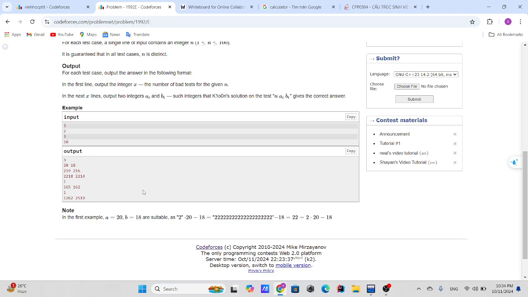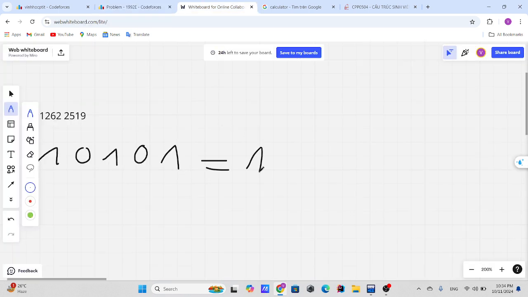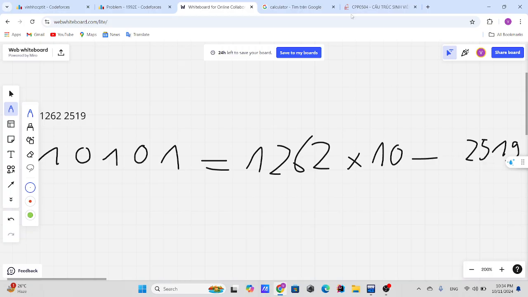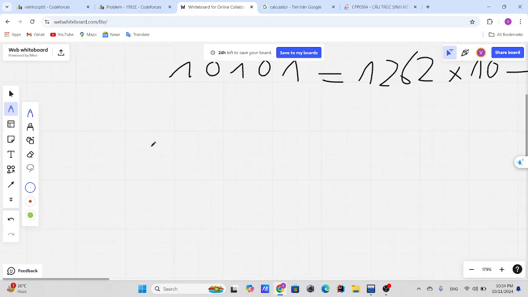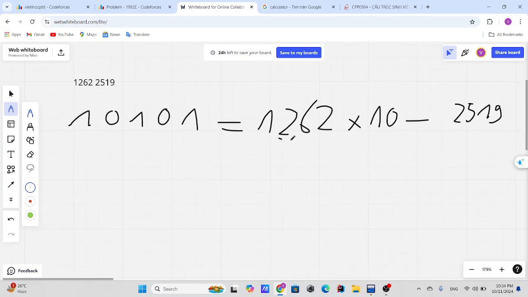This will be equal to 1262 multiplied by 10, I guess, minus. Okay, I'm not going to calculate this one because it's definitely true.